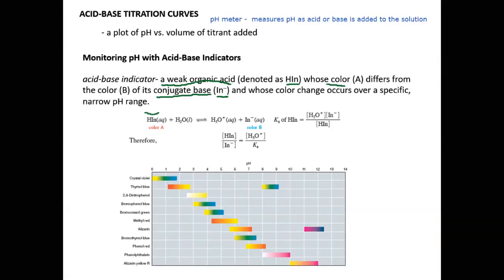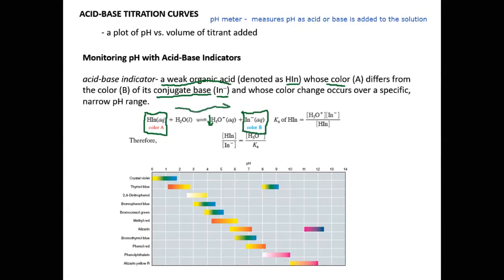So you have an indicator, and say the weak acid form of the indicator is color red, and the weak base is color blue, for example. And so as you add more hydroxide, the hydronium ion decreases because you're reacting with the product, you're removing product.